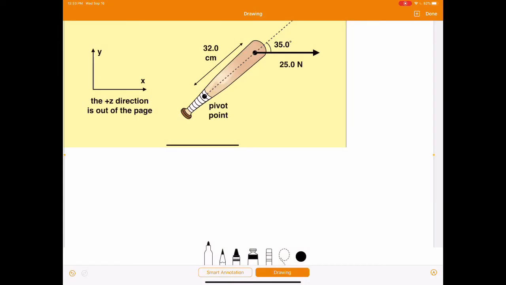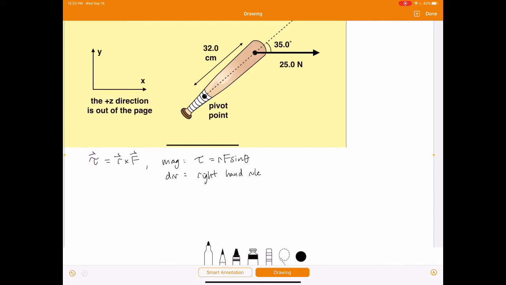Okay, so remember, torque is a vector which is given by r cross f. The magnitude of that vector is given by r f sine of theta, and the direction is given by the right-hand rule.